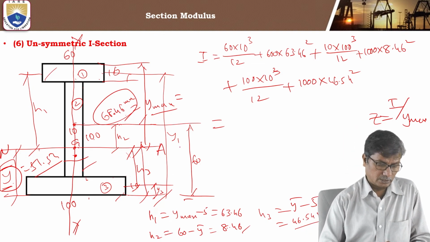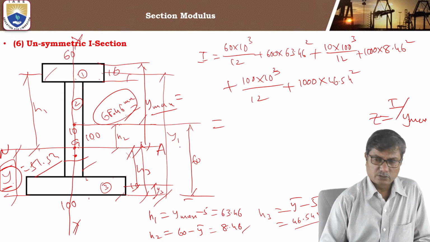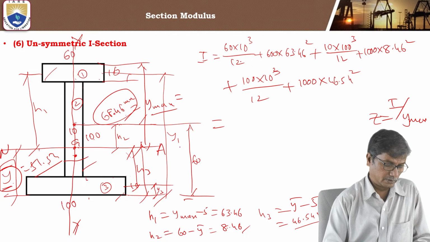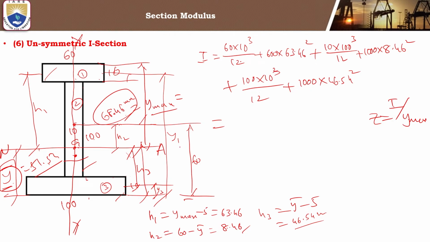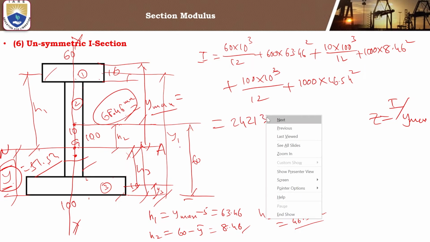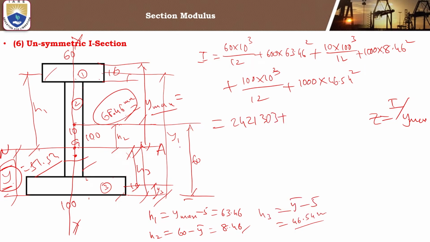So this gives the moment of inertia of the section. Let us see how much it comes. It is 5063.46 into 600 plus 5000, that is 2421303, plus this component: 8.46 square into 1000 comes out to be 904904.9.